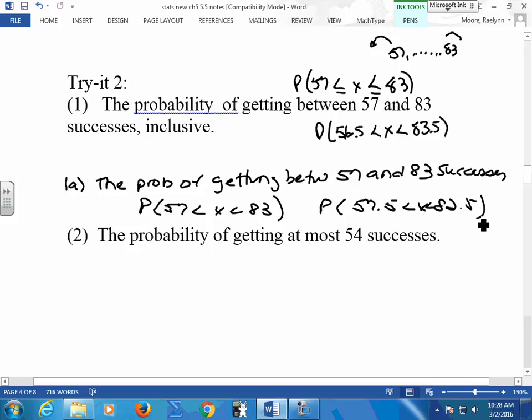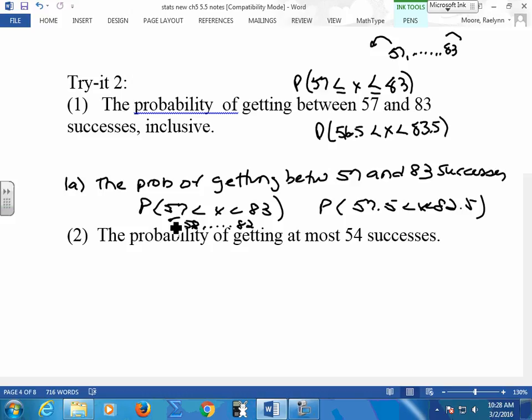Okay, so let's see what happened here. So we said we can't include these. So what's our first number we can use? 58. Can we use 82? Can I use 83? No. So I take my lower one and I drop it 0.5. Good. I take my upper one and I add 0.5. Good. See the difference between the inclusive?